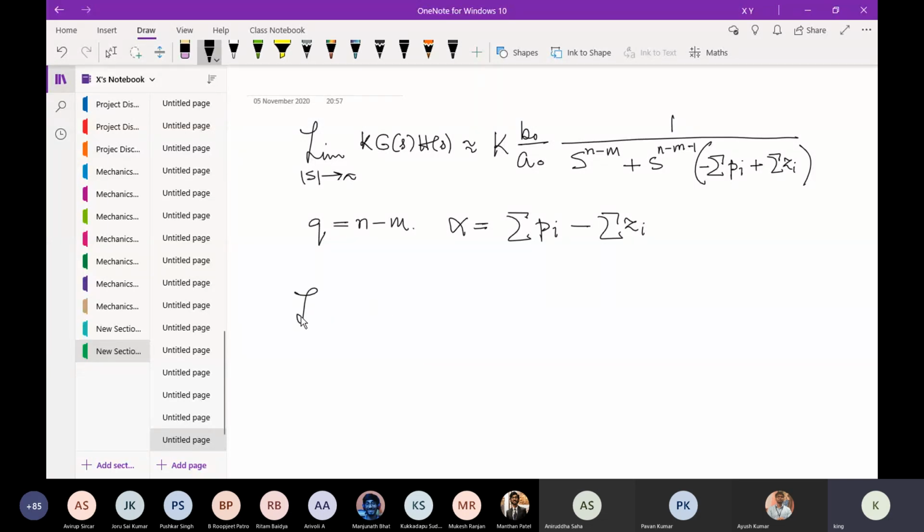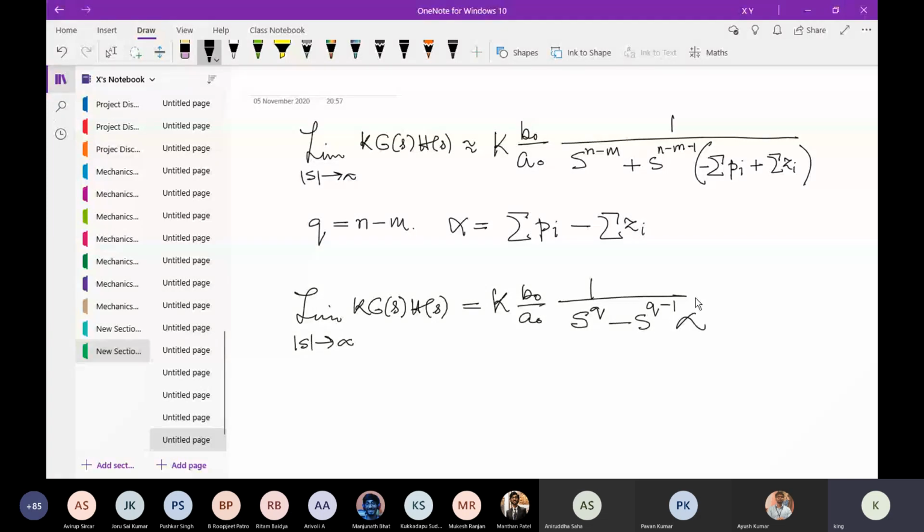So this means my limit I am now writing as, from alpha.